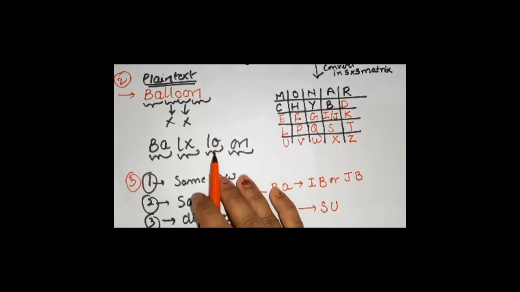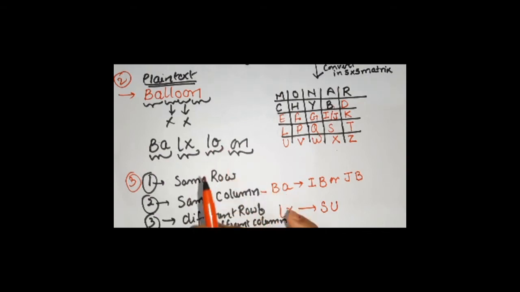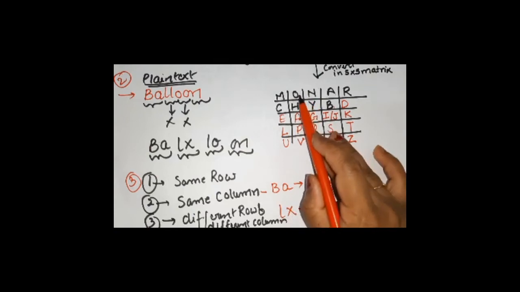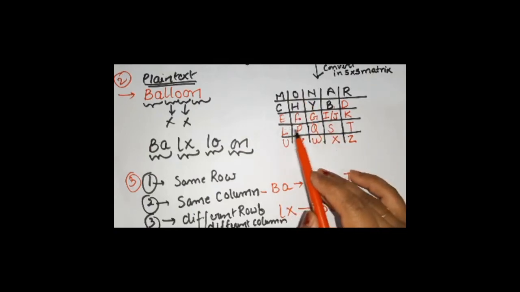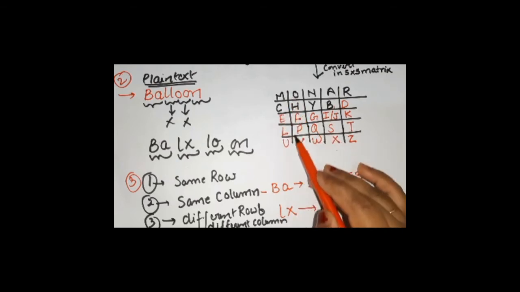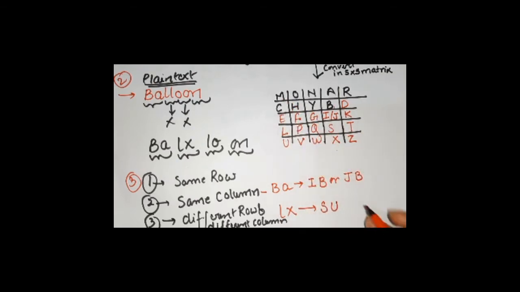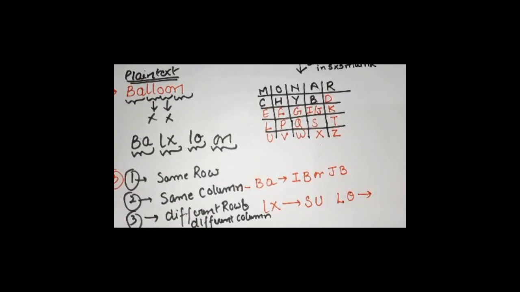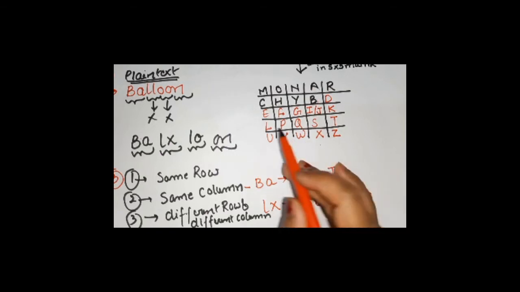Again, let's see LO. L is here and O is here. Both fall in different rows and different columns, right? L and O. When you convert this, if you replace L, how will you replace L?